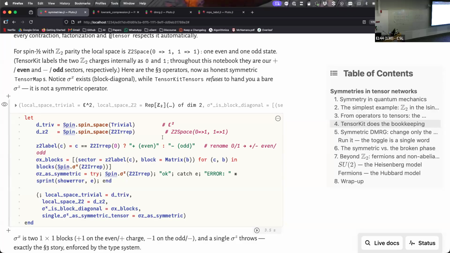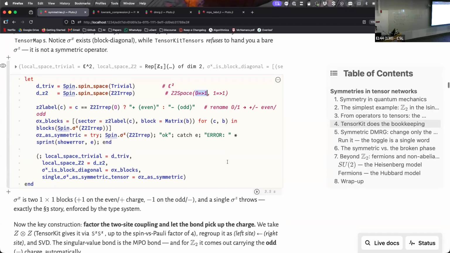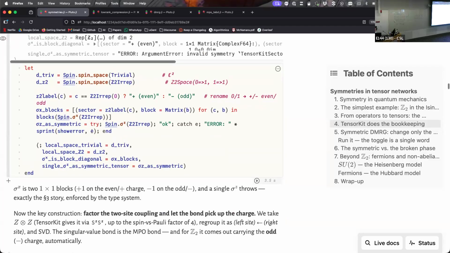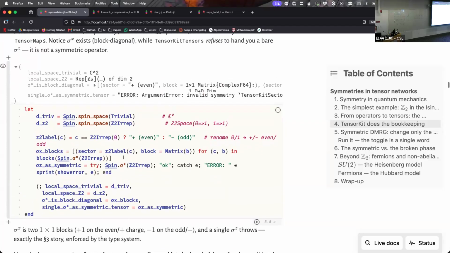And so in this case, our local space is graded by Z2, meaning it is Z2 symmetric, flip symmetric. And I have one even and one odd sector in this vector space. And I can use this to build my tensors. And there are of course some libraries to make the operators in this form.